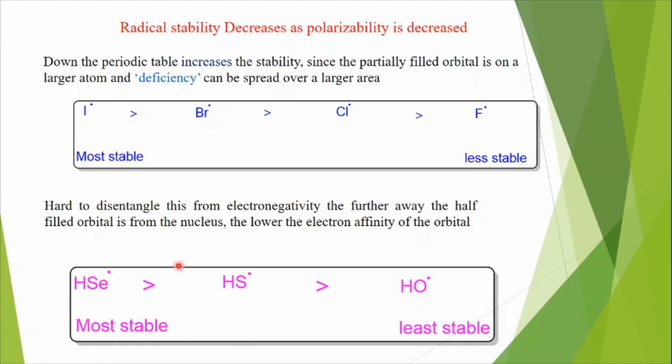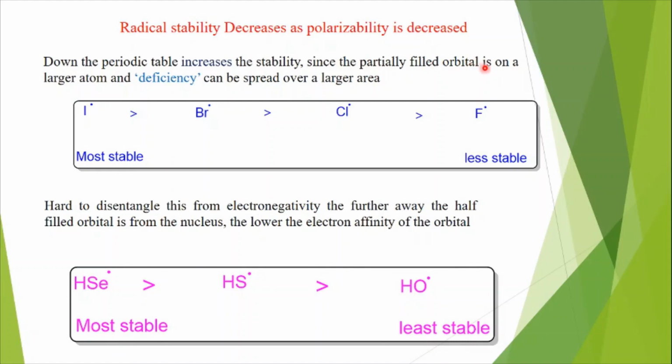So here the size of this HS is larger, so the deficiency can be spread over a large area. That's why this HS radical is more stable than this hydroxy radical, and this is the stability order. So HS is more stable and the hydroxy radical is less stable, and the reason is what?